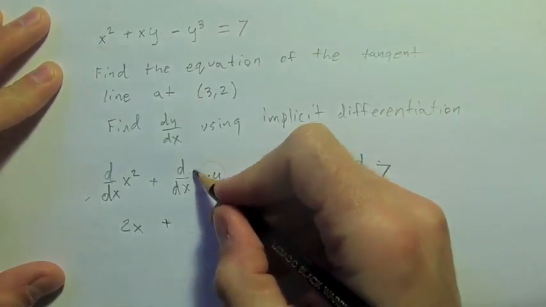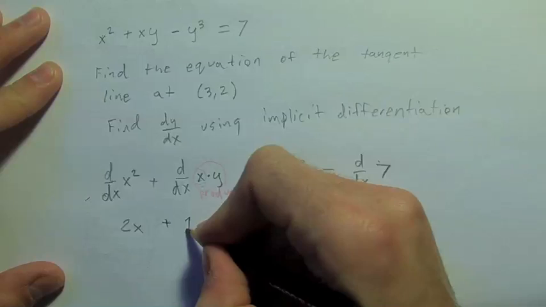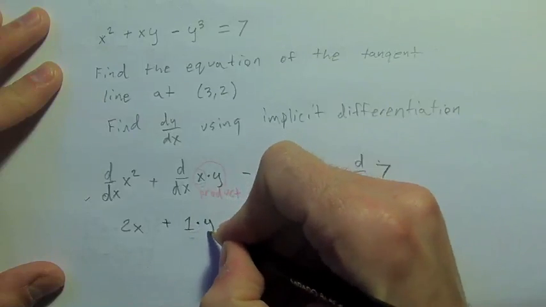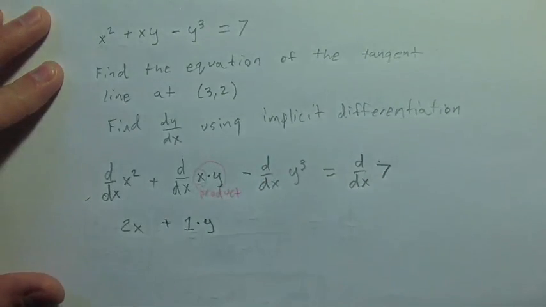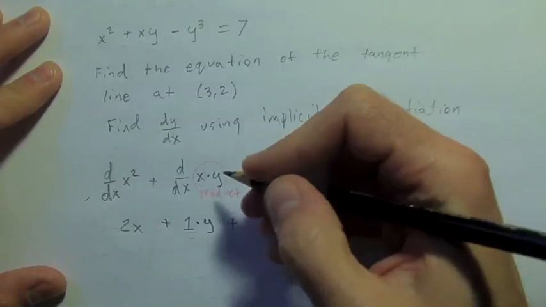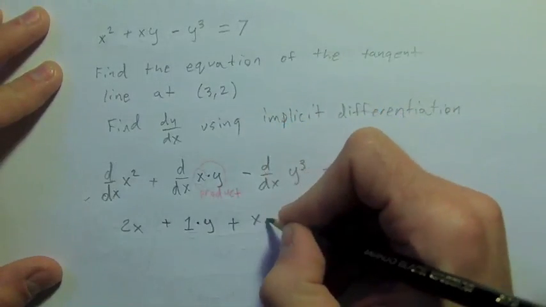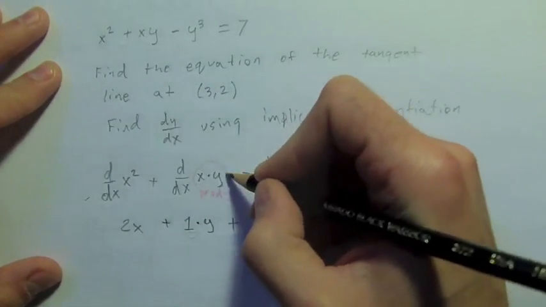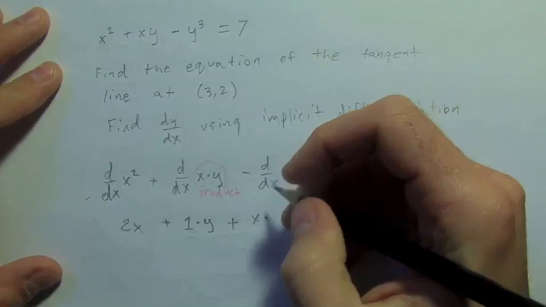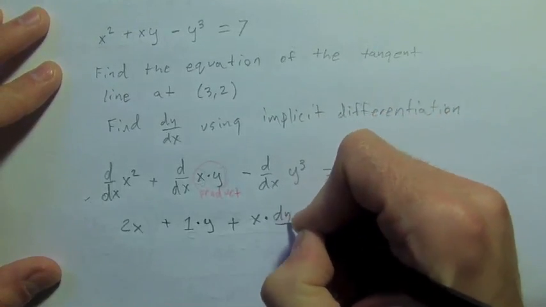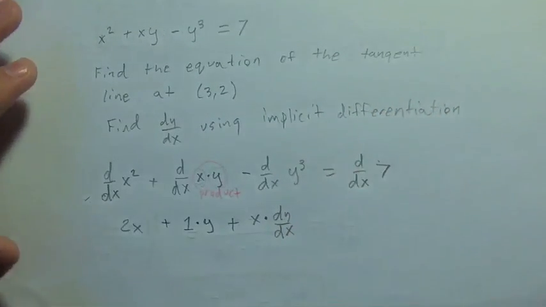So it will be the derivative of x to start with, which is 1, times the second guy left alone, plus the first guy left alone times the derivative of the second, and the derivative of the second is dy over dx.